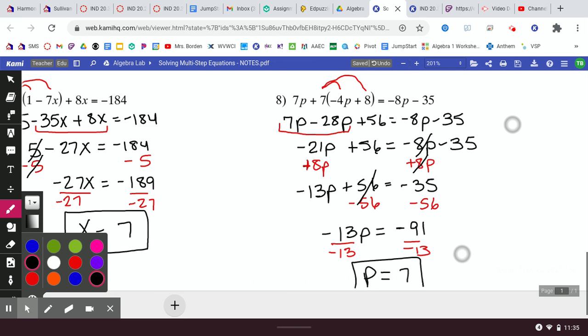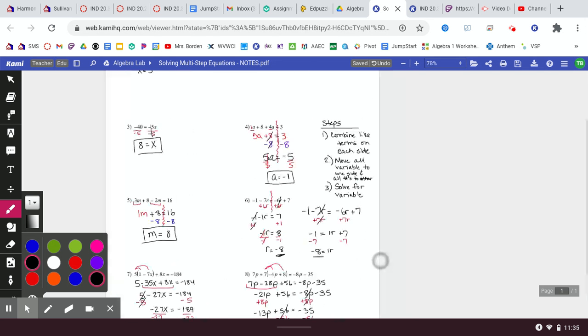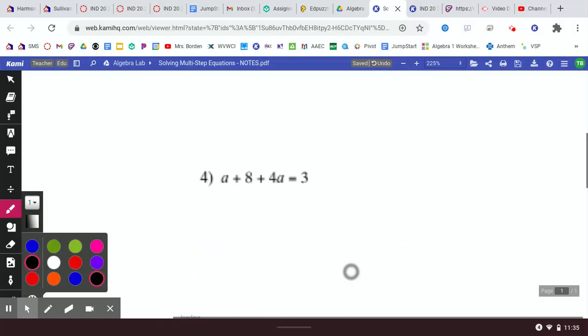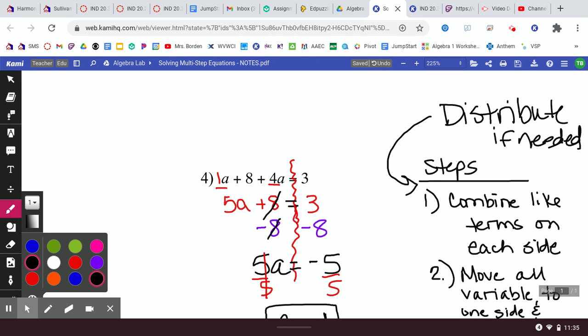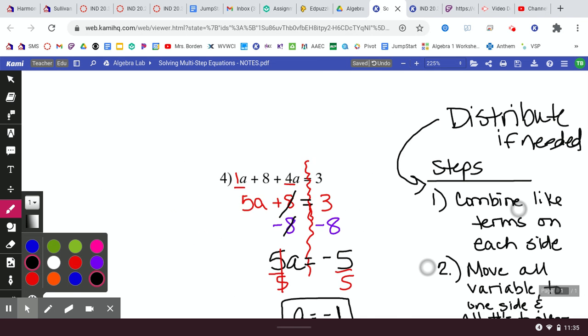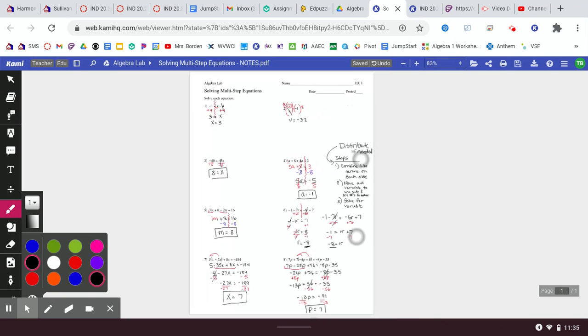If I were you, I would come back up here into the steps that we wrote, and just as a reminder to yourself, I would stick in a precursor of distribute, because you always want to distribute if needed first, and then combine like terms, and then move all the variables to one side, the numbers to the other, and then solve. Okay? Any questions on this?